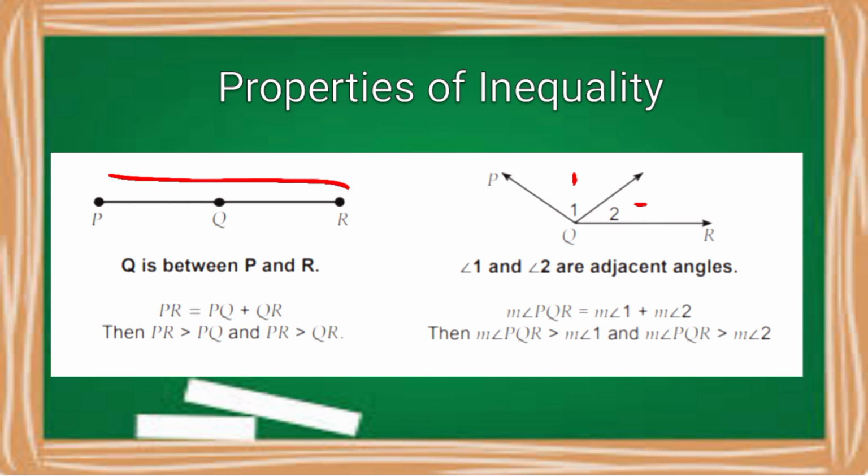The measure of PQR is equal to the measure of angle 1 and measure of angle 2. Then the measure of angle PQR is greater than the measure of angle 1, and measure of angle PQR is greater than the measure of angle 2.